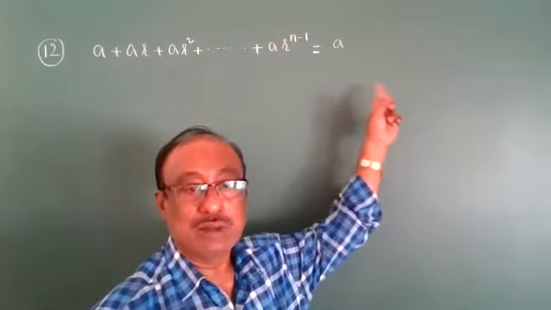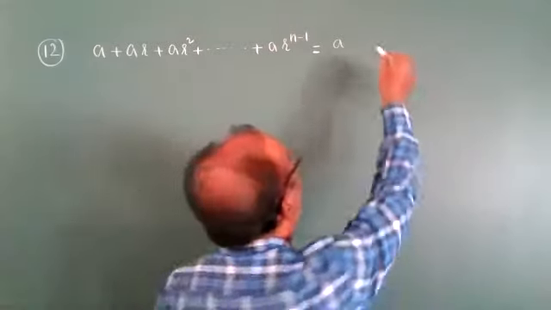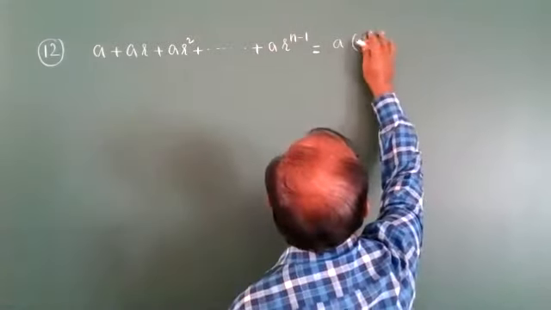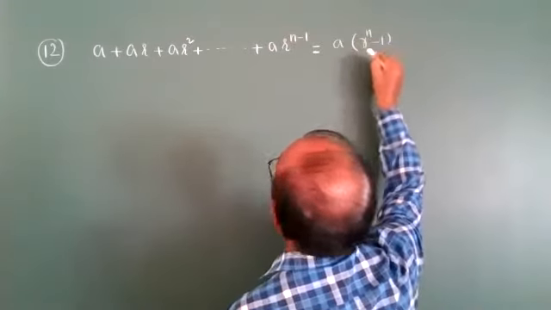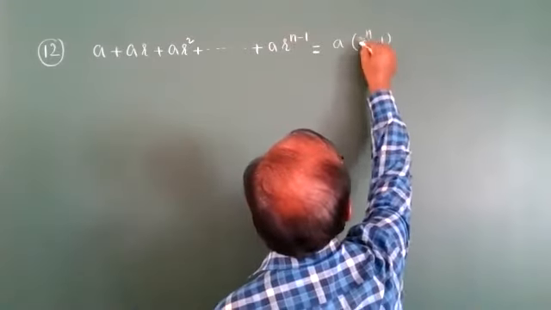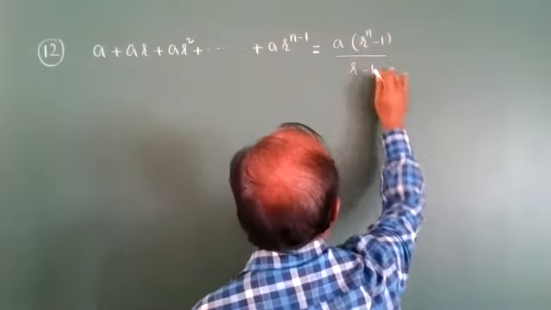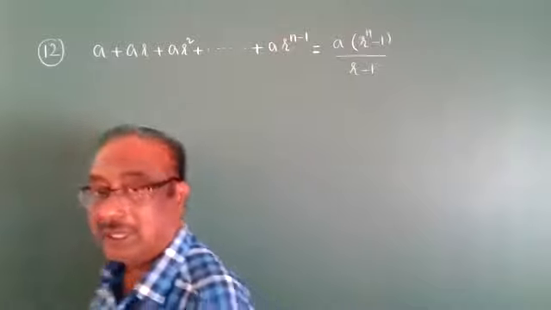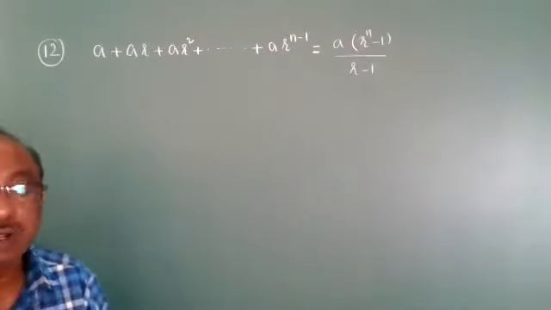Sum of the n terms of a GP series, you already know the formula: A into R to the power of n minus 1 by R minus 1. This is the given sum of the n terms of the GP series, the correct formula.